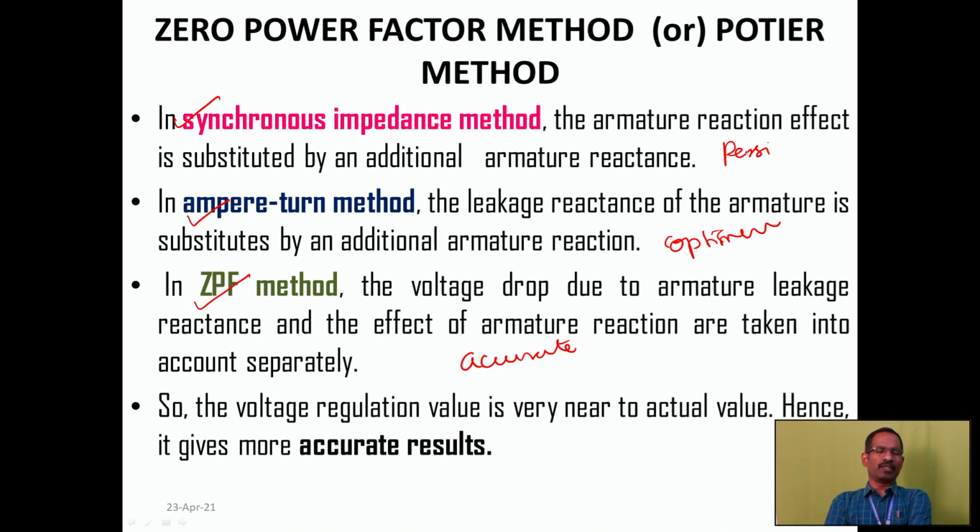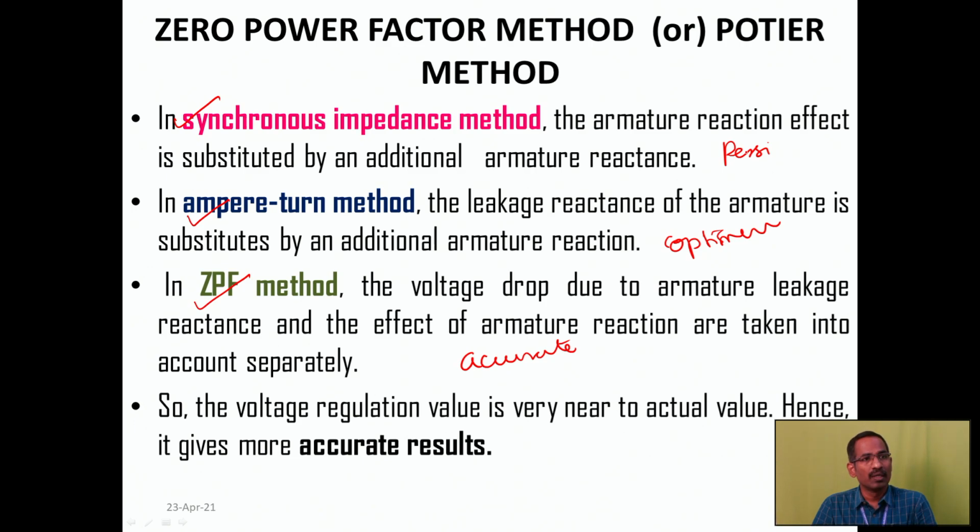In the zero power factor test, we can draw the Potier triangle. So among these three methods, the accurate method is the ZPF method, but the procedure and the calculation methodologies are somewhat tedious compared with the first two methods. So in the first, we are calculating only the ZS. From the ZS, we are finding the XS value.